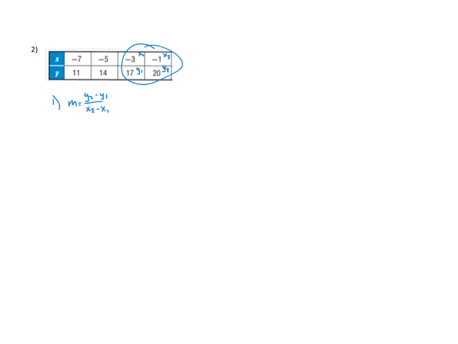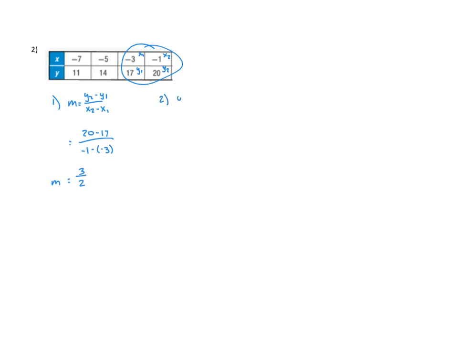So I have 20 minus 17 over negative 1 minus a negative 3. Okay, this is going to simplify down to 3 over 2. There's my slope.